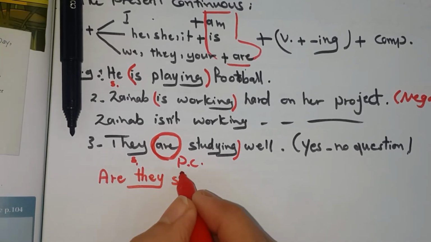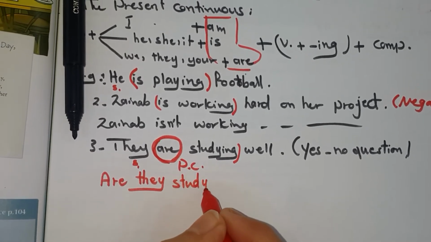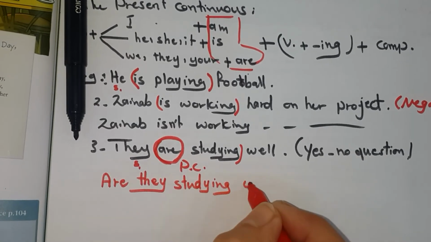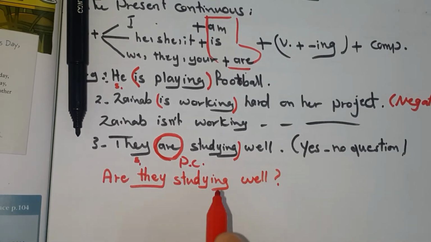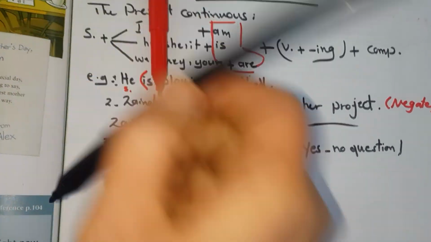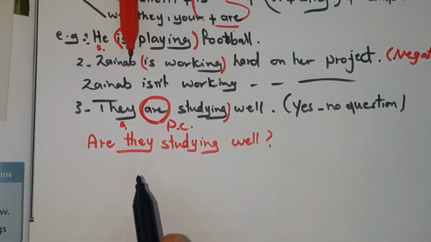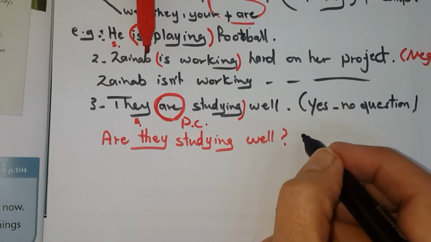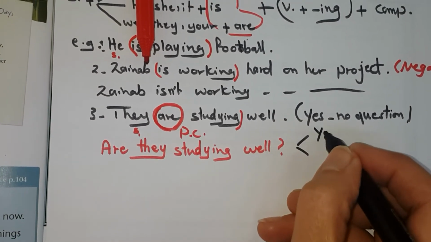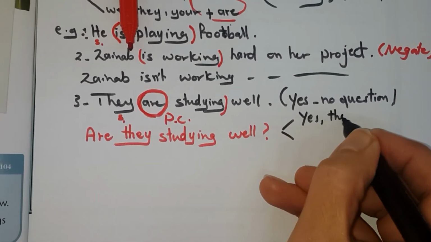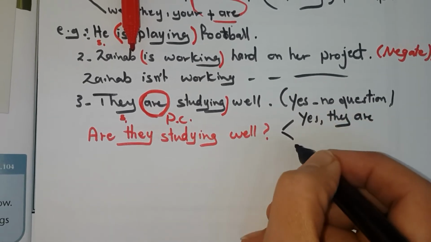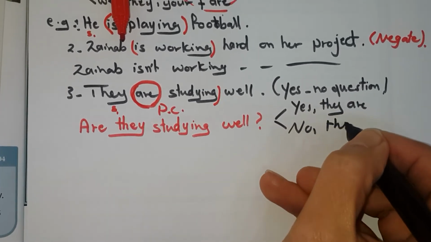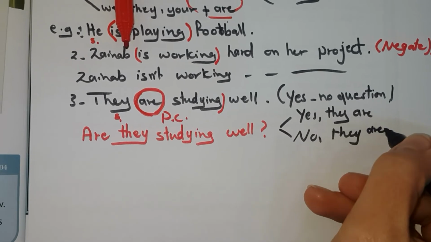They are. Are they studying? Well, this is a yes/no question. If you want to answer this yes/no question, you can answer it in two ways. Either you can say yes, they are, or no, they aren't.